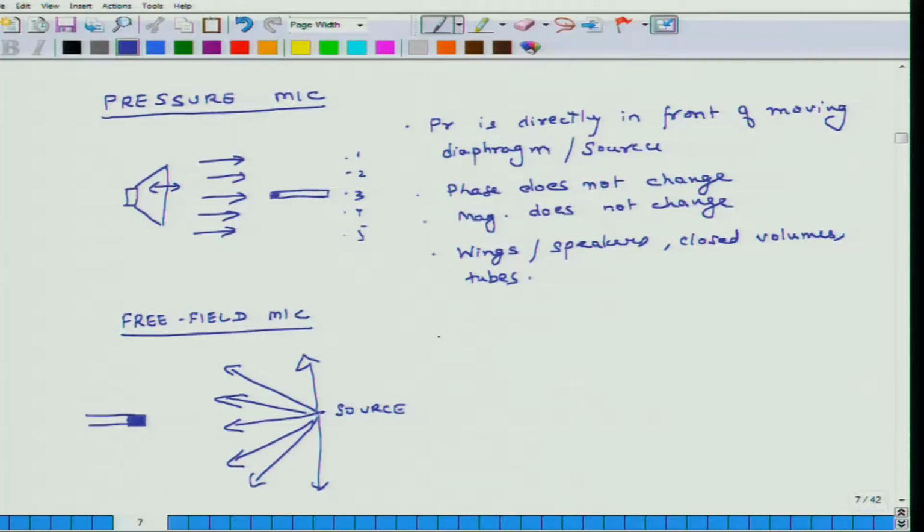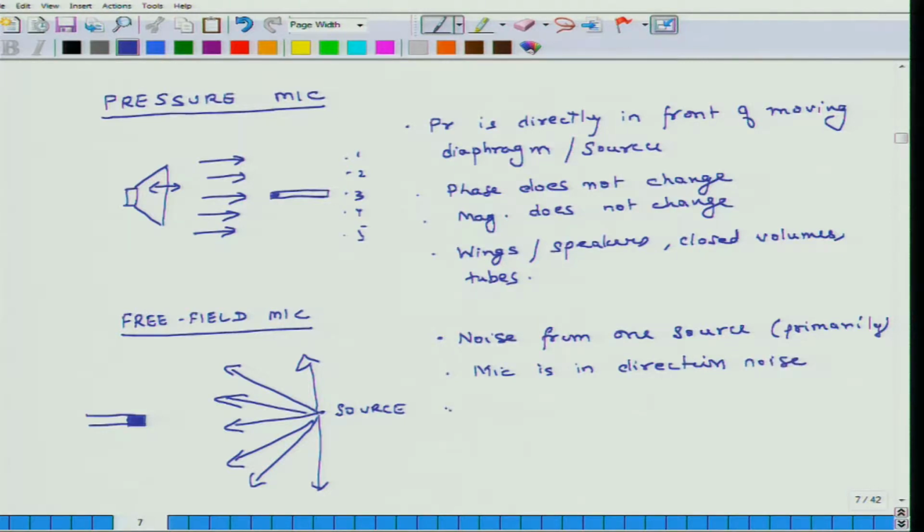So noise from one source, primarily, because there will never be a situation where you have only one noise source, but more or less, one dominant noise source, and the mic is in the direction of the noise, and then not many reflections.